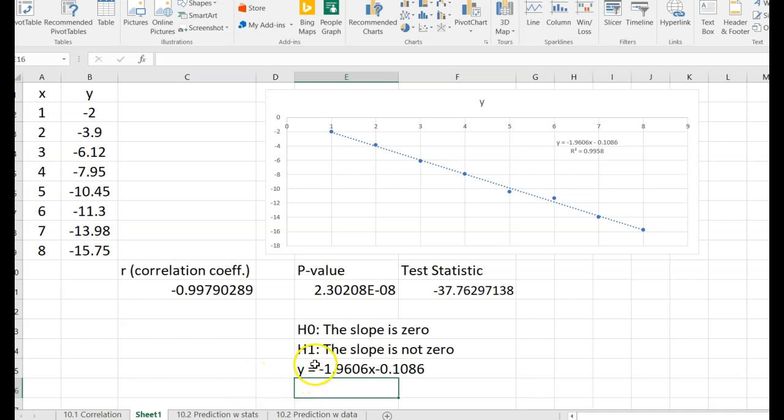Well, since there's such a very strong correlation, if we picked any x that fell in between 1 and 8, like if we picked x, let's say x was 5.75, we would be very confident that the y-coordinate that would go along with that would be -1.9606 times 5.75.